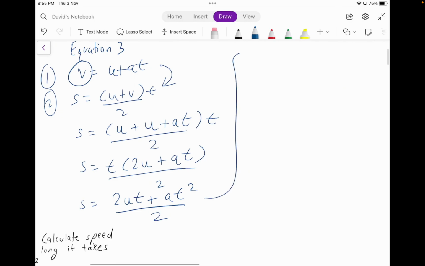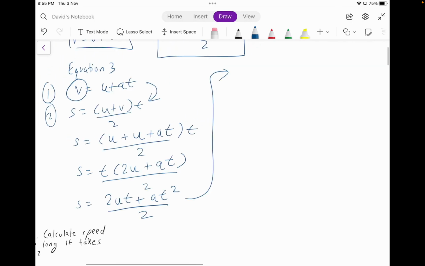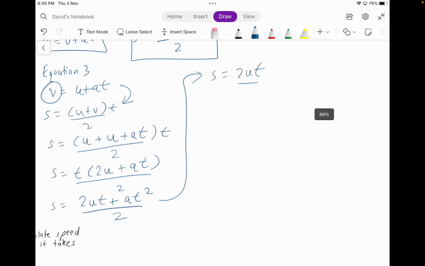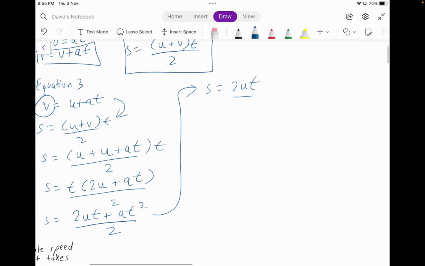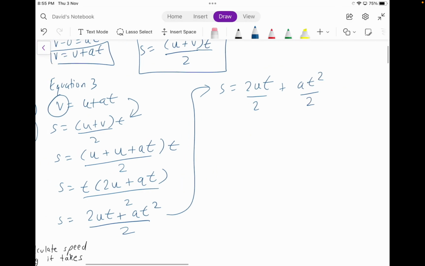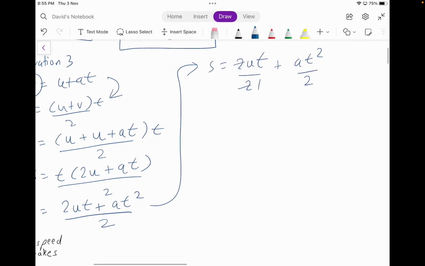If you move this on top, you're going to divide each value by 2 to simplify it much better. So 2ut divided by 2 plus at squared divided by 2. This is going to simplify to s equals ut plus half at squared.